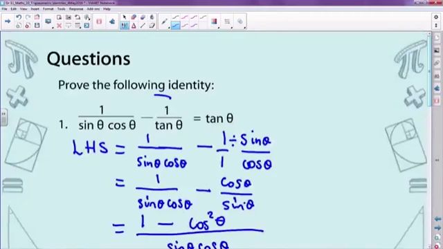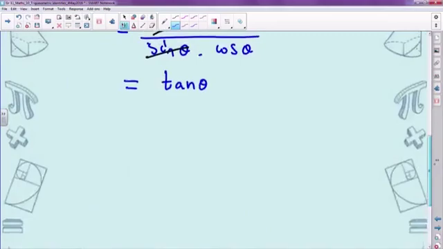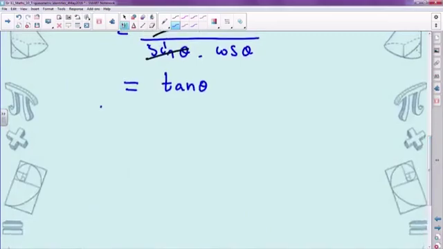They wanted you to show that 1 over sine theta cos theta minus 1 over tan theta is tan theta. You worked with your left-hand side and you got it to be tan theta. So you conclude by saying, because they are both giving us the same thing, therefore this is an identity. Therefore, the left-hand side is the same as our right-hand side. So we have proved the identity there.